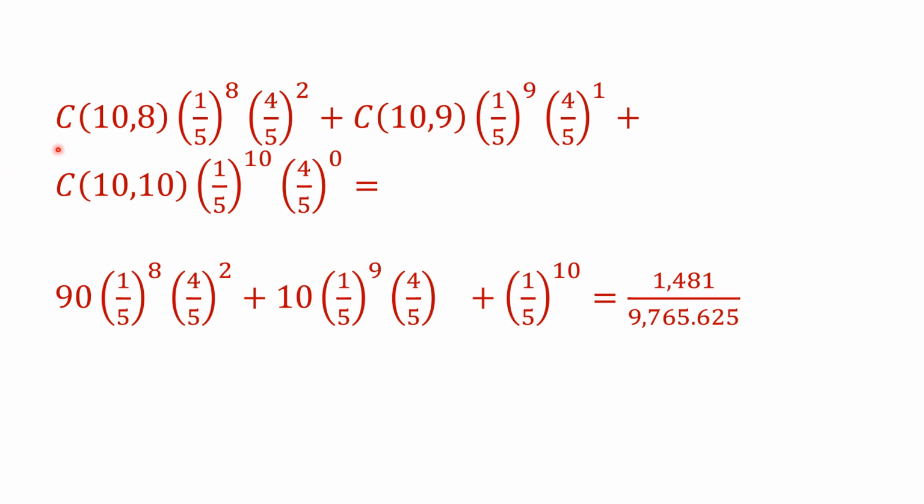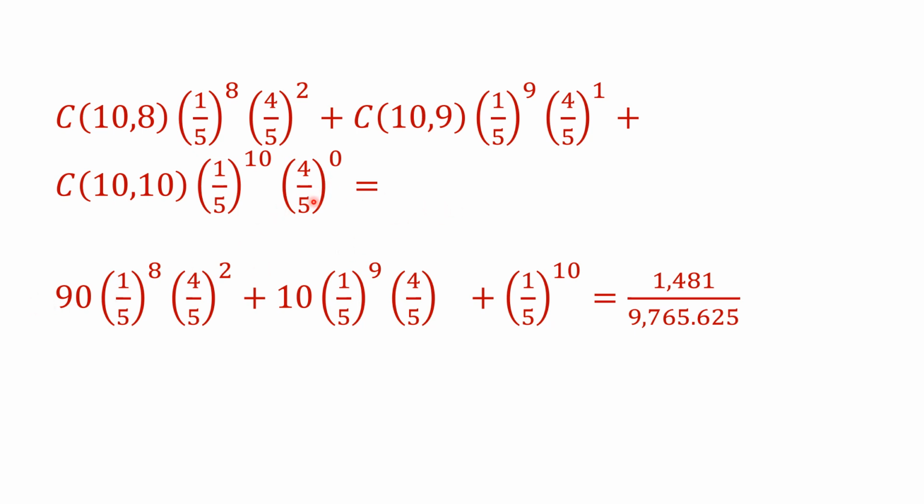So we must have a combination of 10 things taken 8 at a time, 1/5 to the 8th, 4/5 to the 2nd, plus the combination of 10 things 9 at a time, getting 9 right, 1/5 to the 9th, 4/5 to the 1st, plus the combination of 10 things taken 10 at a time, 1/5 to the 10th, 4/5 to the 0th power.